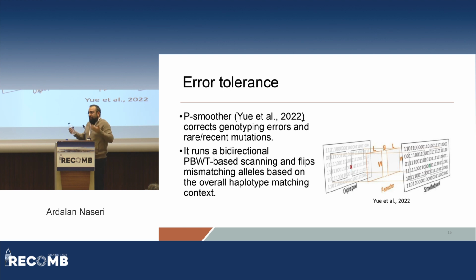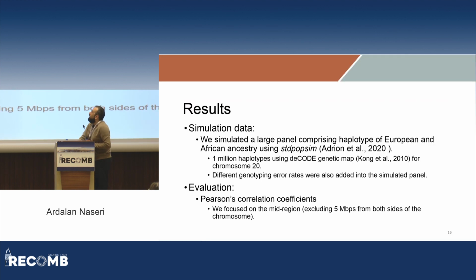The runtime for this is linear: we scan the panel once from the left and once from the right, and then correct the errors. Sometimes the errors we correct are recent mutations. The goal is to avoid those being counted as recombination when we calculate the frequency of recombinations.